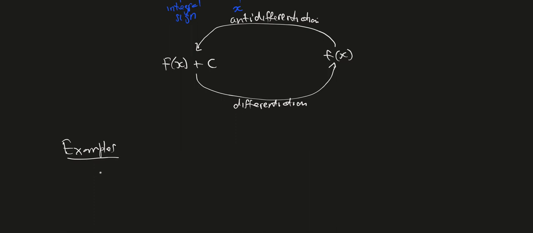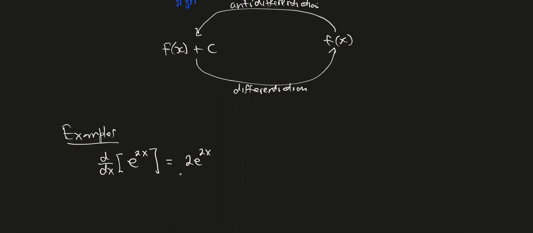So for instance, let's say I know that the derivative of e to the 2x, so think of our exponential function, and we have to use our chain rule. If we differentiate this function, this will give me 2e to the 2x, right? Now, this can be rewritten in different ways.